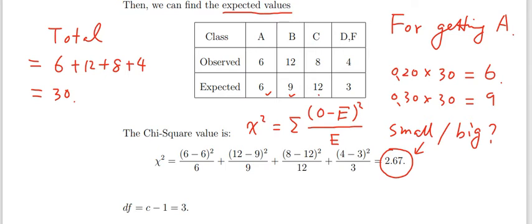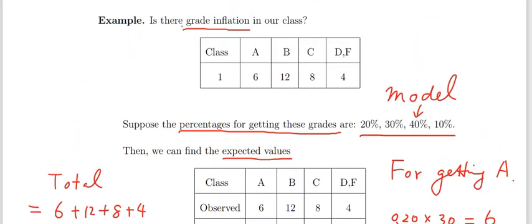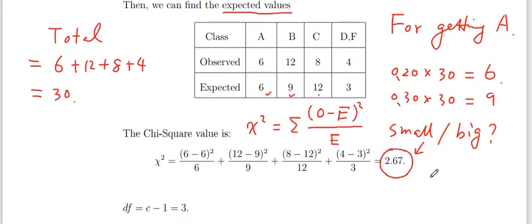So we can say our class grade distribution and the university's grade distribution are not as close. So we can say there is grade inflation. Whether there is grade inflation or no grade inflation just depends on whether this number is big or small.